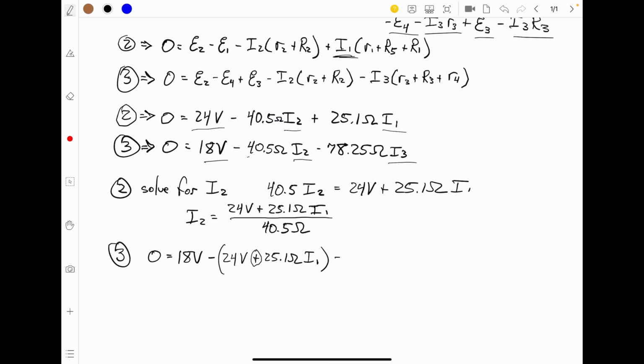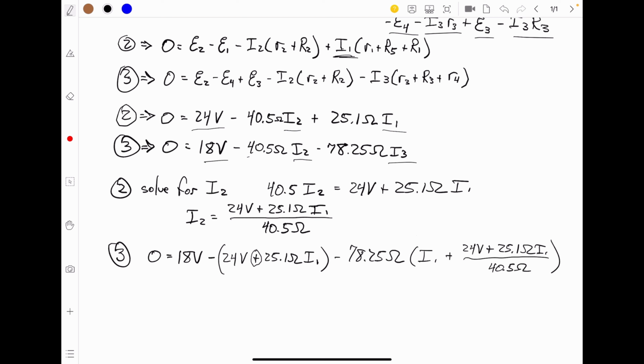Now, we've got 78.25 ohms, but it's times I3. But we already know I3 is I1 plus I2, so I1, but instead of I2, I'm going to write 24 volts plus 25.1 ohms times I1, all divided by 40.5 ohms.